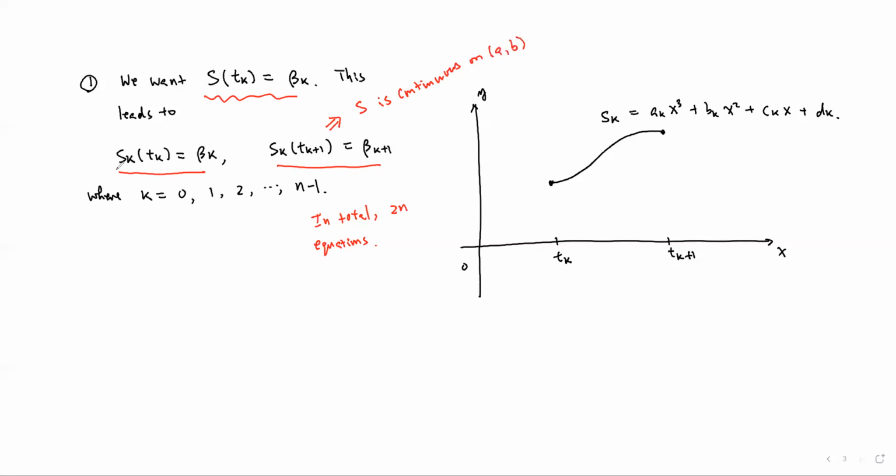The whole curve from A to B must be continuous. All right, now the second condition: the derivative of S and the second derivative are continuous on the interval AB.